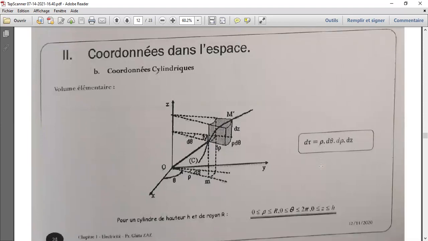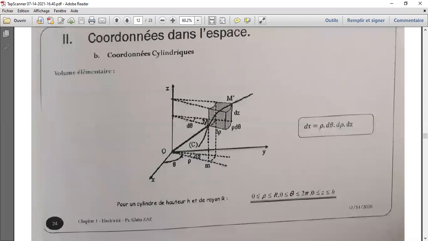You should always know that the radius rho is between 0 and r, which can be any number, maybe even infinity. Then theta is between 0 and 2 pi, and 2 pi is 360 degrees.